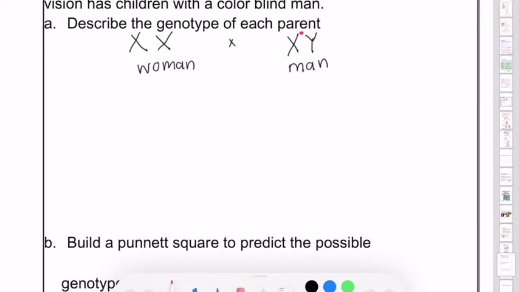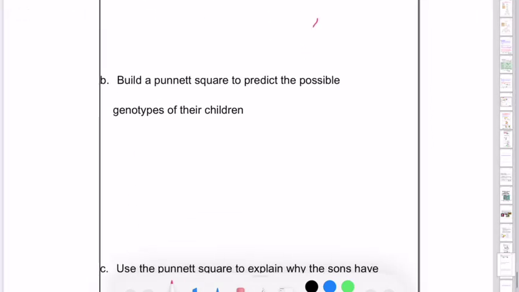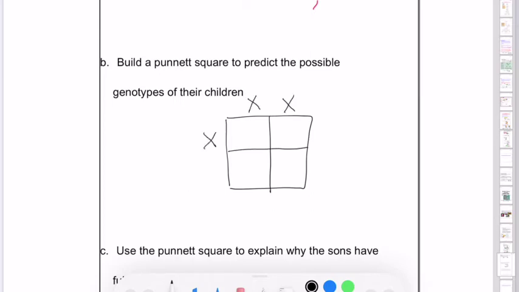Then it's asking us to build a Punnett square to predict the possible genotypes of their children. So just like before, we would draw our Punnett square. We can draw the parents on the side, and then this X has a dot, right?